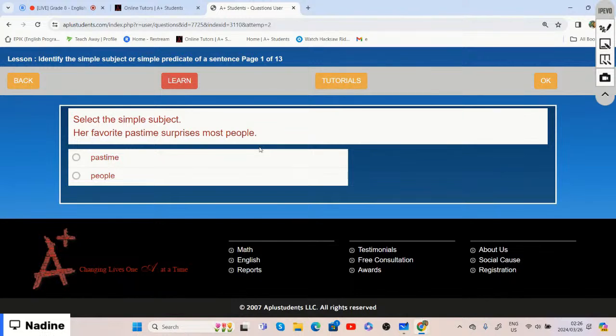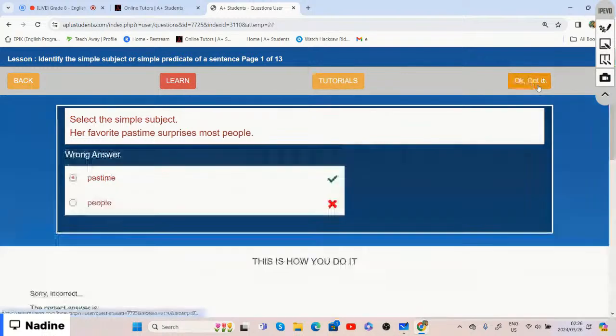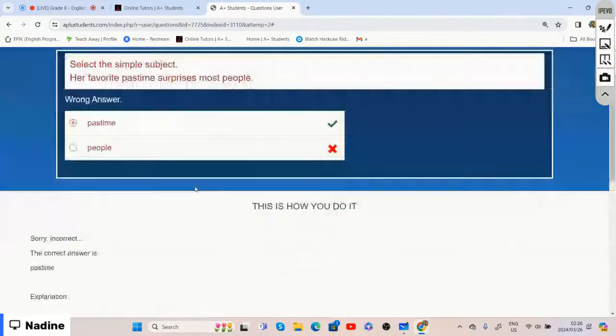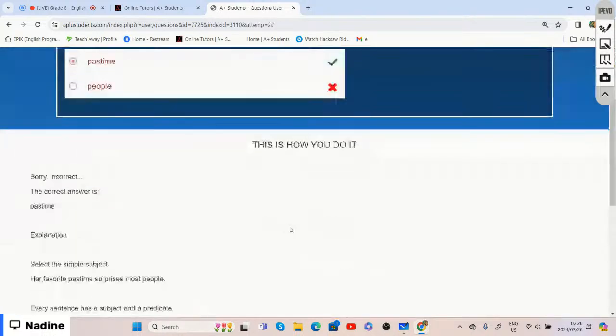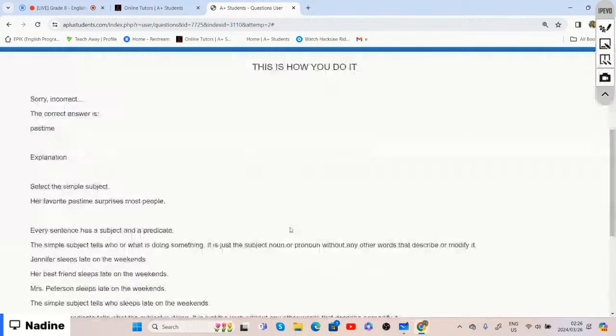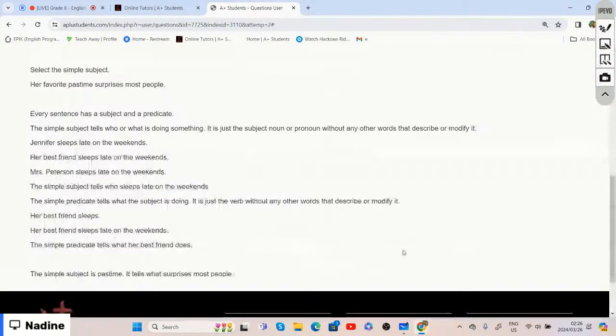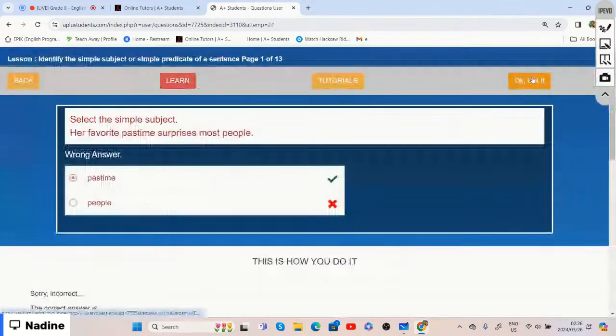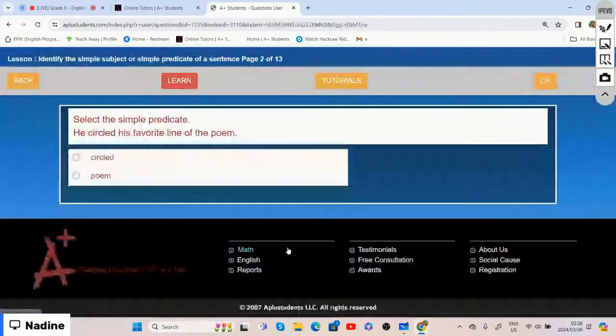All right, so if we choose, our favorite pastime surprises most people, then we'll say people. Ooh, pastime. So pastime, sorry, is actually our simple subject, not people. People is a noun, but it is not the subject noun within that sentence.